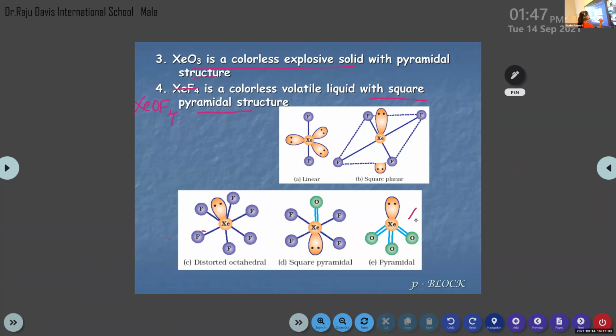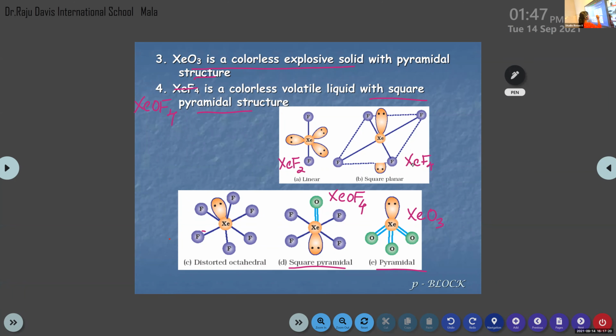This one is XeO3, pyramidal structure, and this one is XeOF4, square pyramidal structure. And linear, square planar, and distorted octahedral relate to XeF2, XeF4, XeF6.